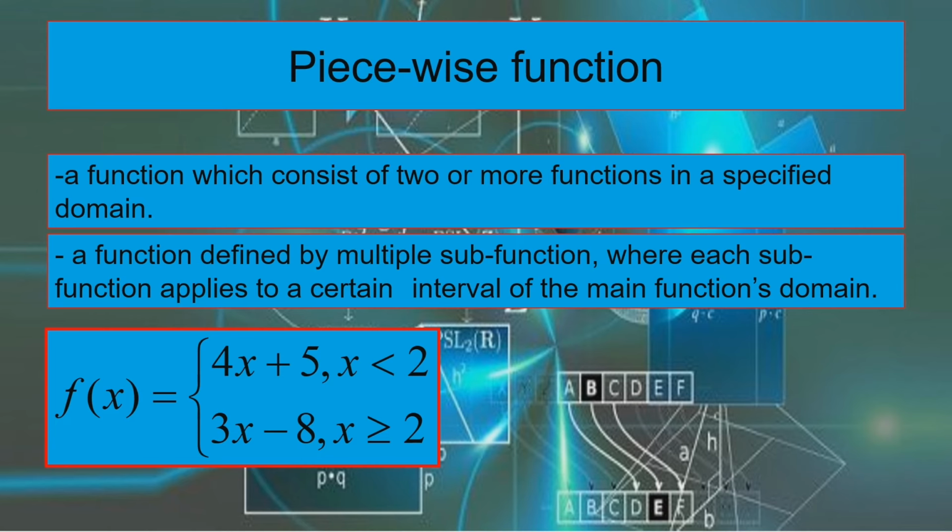Ibig sabihin ng piecewise function, merong condition. So halimbawa, kung gusto mong gamitin yung 4x plus 5, kailangan yung x natin is less than 2. O ang gagamitin naman natin ay 3x minus 8. Ang condition nyo naman, kailangan ang x mo is 2 or greater than 2.